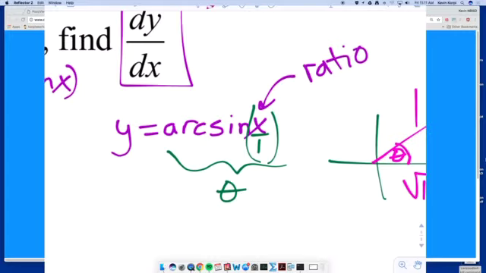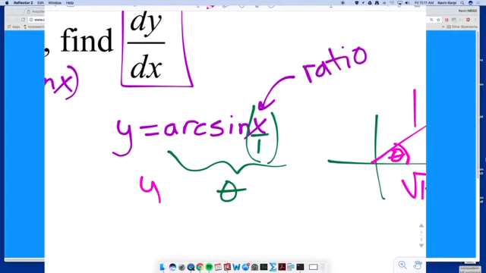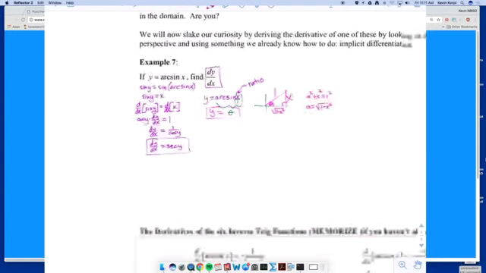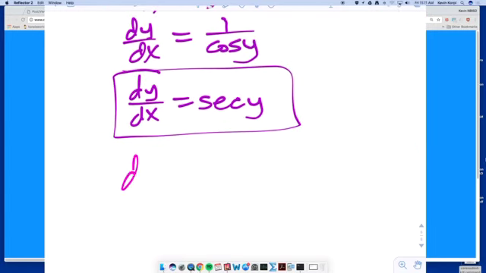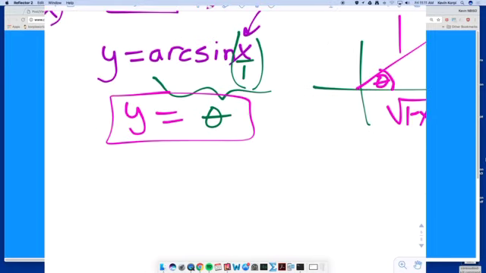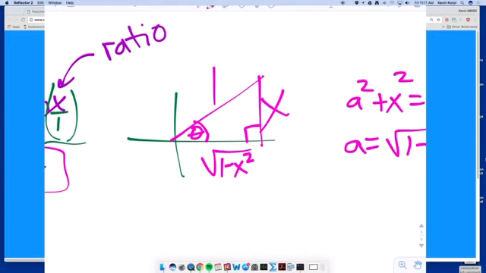So now, if we let that angle equal y, right, that's what y is. Y is the angle. It says the derivative of y with respect to x is just the secant of y, which is the secant of the angle theta. Well, what is the secant in terms of x, y, and r?